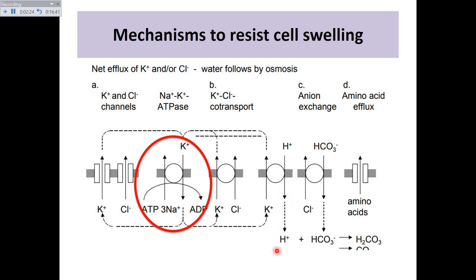Hydrogen needs HCO3 to bind to, and this forms CO2. So when H comes in, the anion exchanger will work in a direction of entering HCO3, and Cl goes out. This is also important, another way of extruding ions, and at the same time H binds to HCO3 and the reaction will happen and CO2 will form.